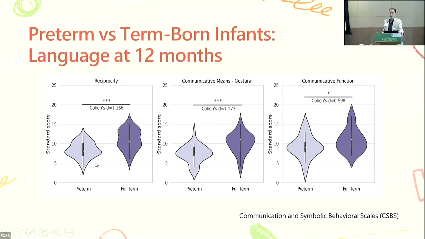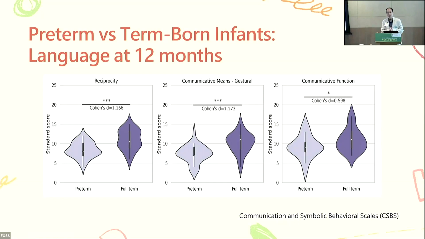This is looking at using the CSBS, communication and symbolic behavioral scales, but we can use the Bailey, we can use the CDI. A convergence of evidence is now telling us that preterm infants' language and cognitive development is not as good as their full-term peers. We have data from several hundred children now, at least 200 children now across different domains.